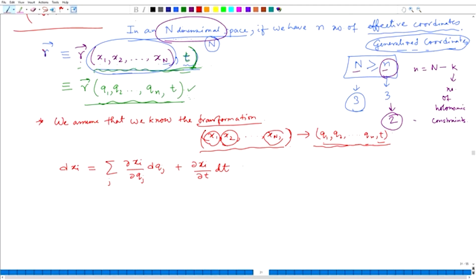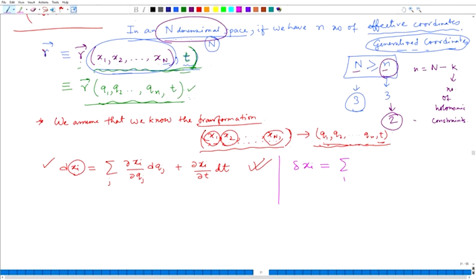Since xi is one of the capital N Cartesian components, this is a function of all possible q's and t, and I am writing without losing any mathematical generality this expression for the total differential of xi. You can also write the virtual displacement for xi, and you can now tell me what that will be from the definition and concept of virtual displacement.